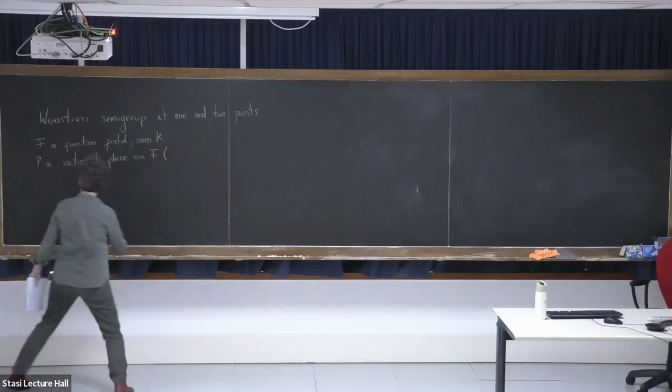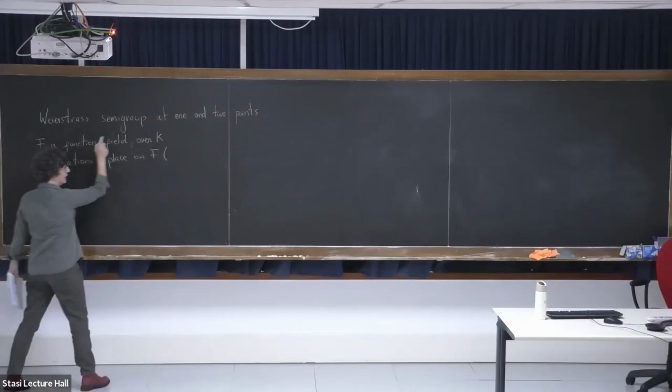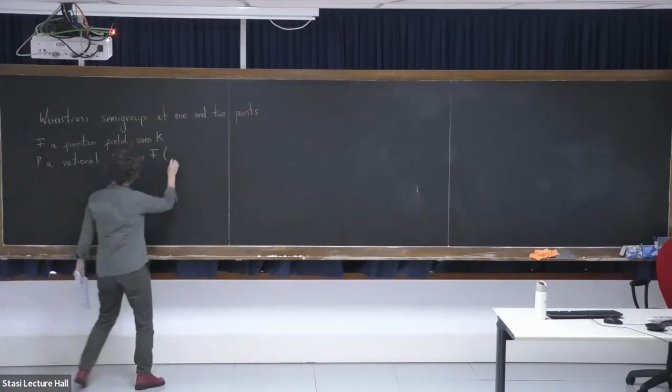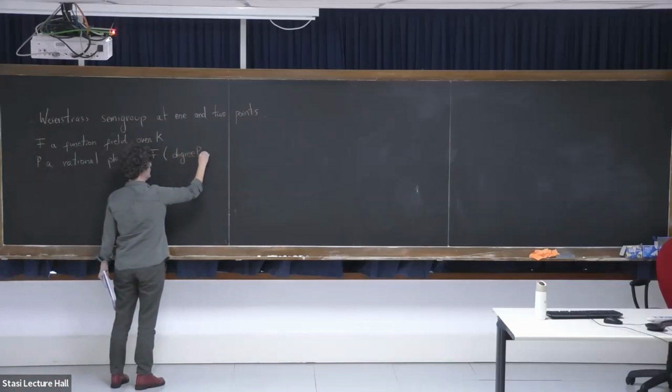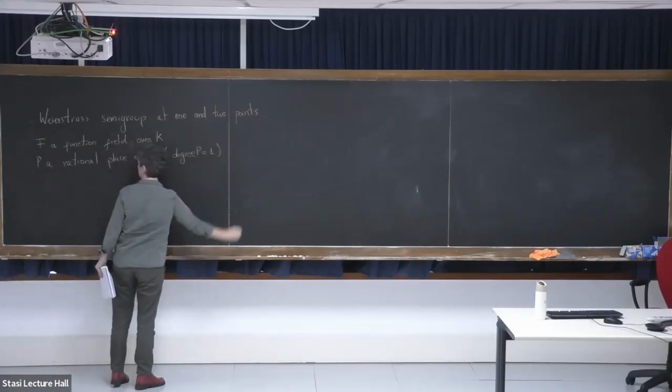It means that the coordinates of your points are over the field K. Or, as you said yesterday, this means that the degree of the place is just 1. Okay.